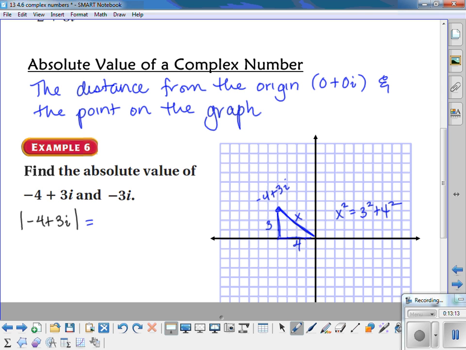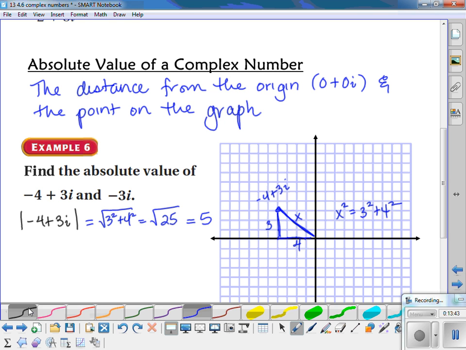So the absolute value is just the square root of 3 squared plus 4 squared, which is 9 plus 16, or 25. And so the absolute value of -4 plus 3i is 5. Where'd you get 25? From 3 squared plus 4 squared. 3 squared is 9, plus 4 squared is 16, equals 25.